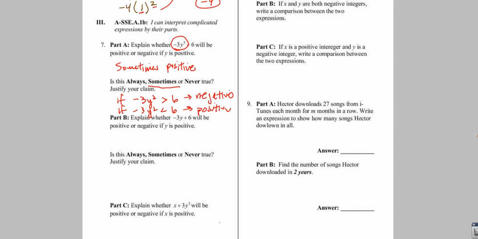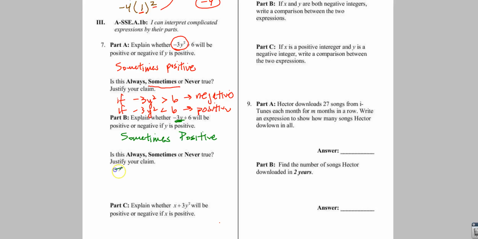Part B, explain whether negative 3y plus 6 will be positive or negative if y is positive. Well, that's going to be the same thing, really, because if y is positive, then this term, negative 3y, will be negative, and then it depends on the size of the two terms.